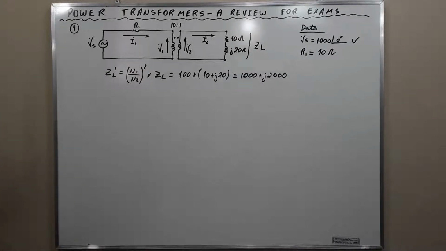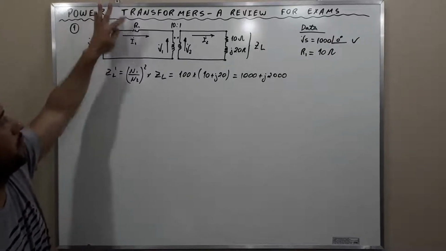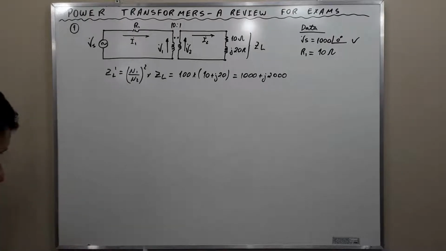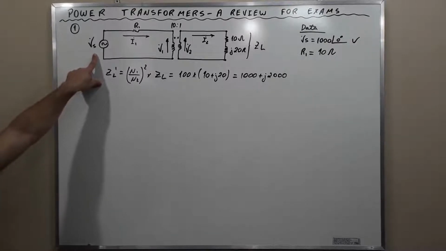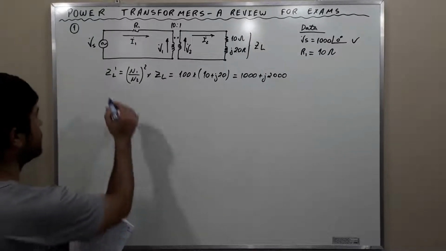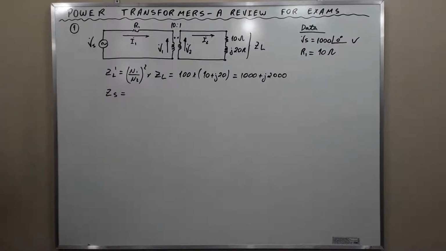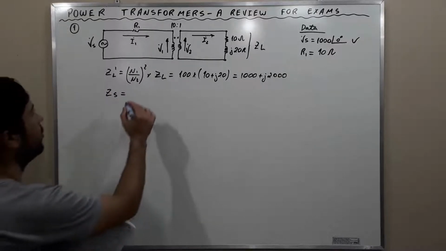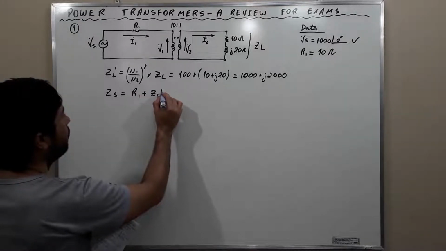And now what we need to do is to combine this impedance with this resistance, and we are going to call it the total impedance, the total impedance seen by the source. The total impedance, ZS, is the impedance seen by the source, which is R1 plus ZL prime.